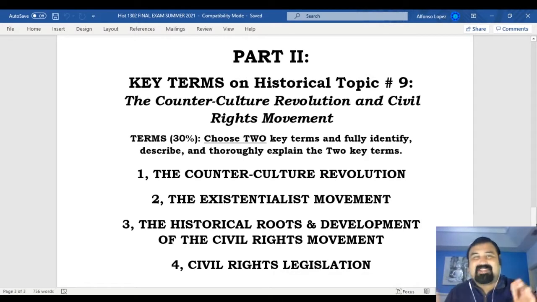So what I've seen in the past is that some students, when they get to part two, are really in a rush, and they just want to finish off, even though they earned 70 points in part one. They probably feel very confident that their work was very, very well done.